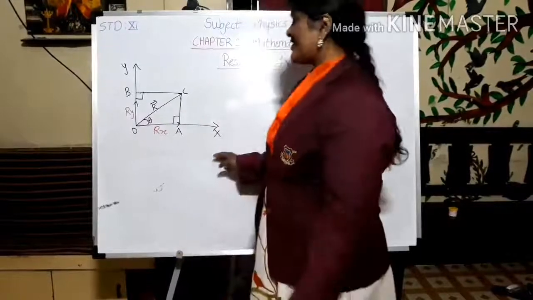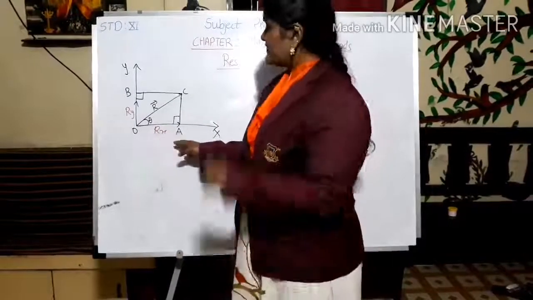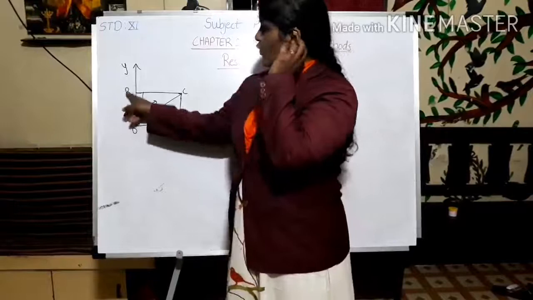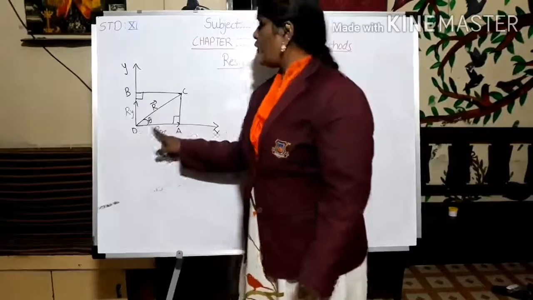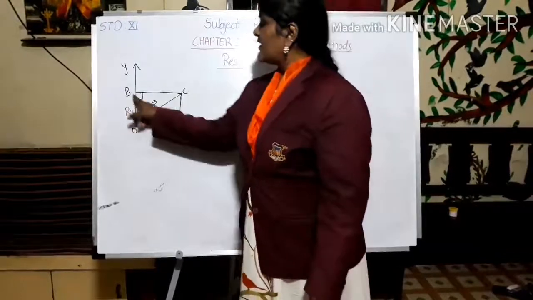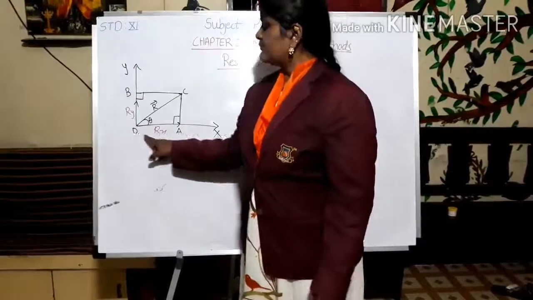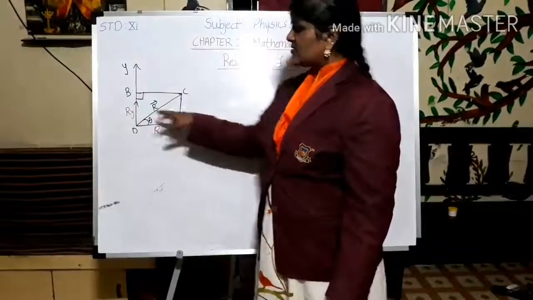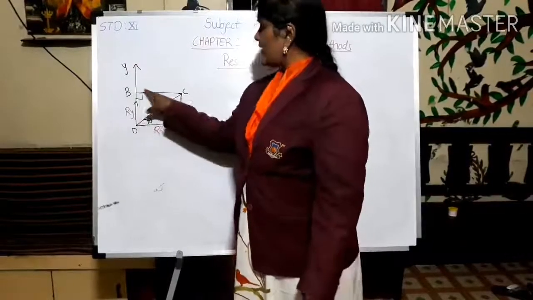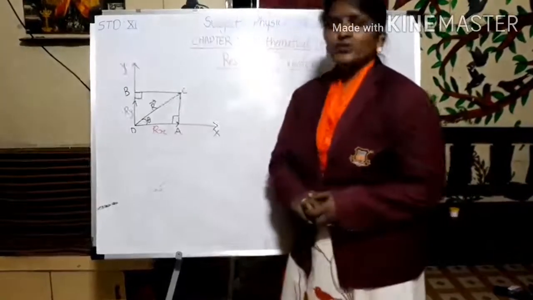In the diagram, OB is Ry bar and OA is Rx bar, and both are along these directions. This is along the x axis, this is along the y axis. I have just drawn a square of that.